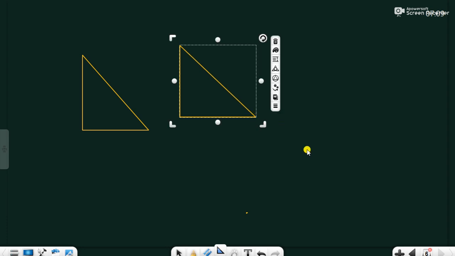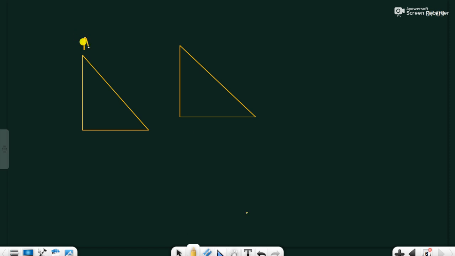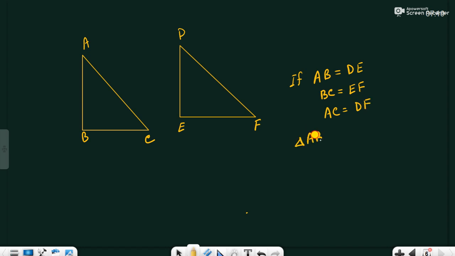If we compare these two triangles and write their names as ABC and DEF, and if AB is equal to DE, these are the corresponding sides, BC is equal to EF, and AC is equal to DF, then you can say that triangle ABC is congruent to triangle DEF.